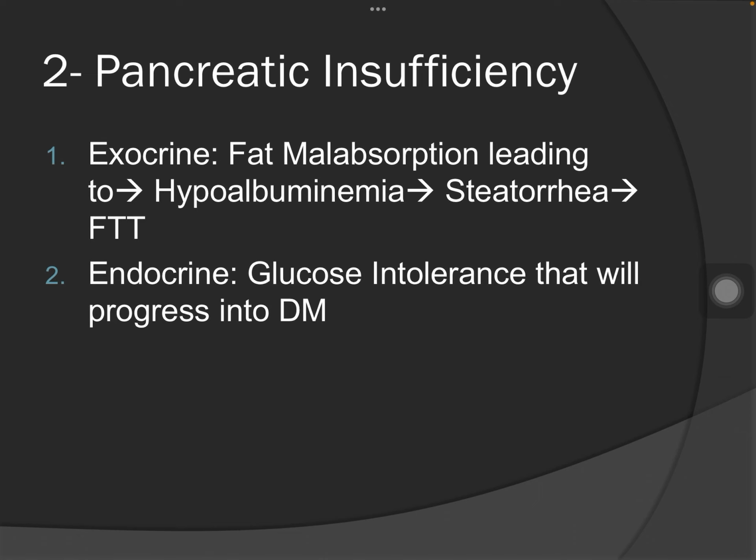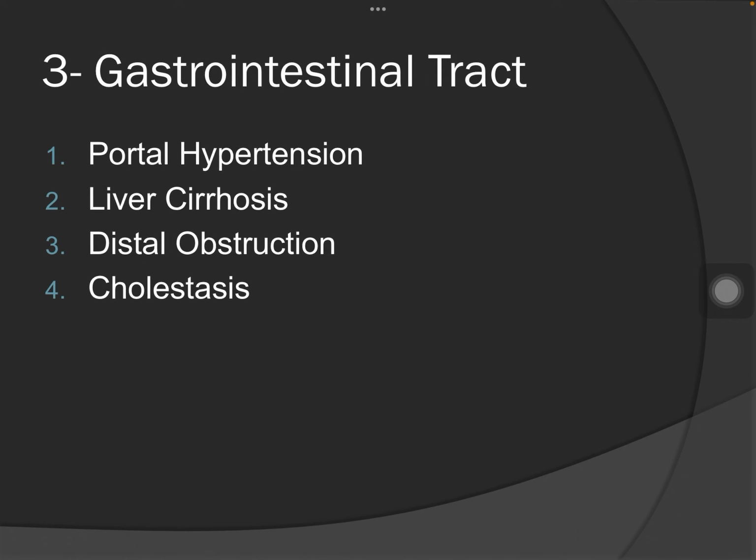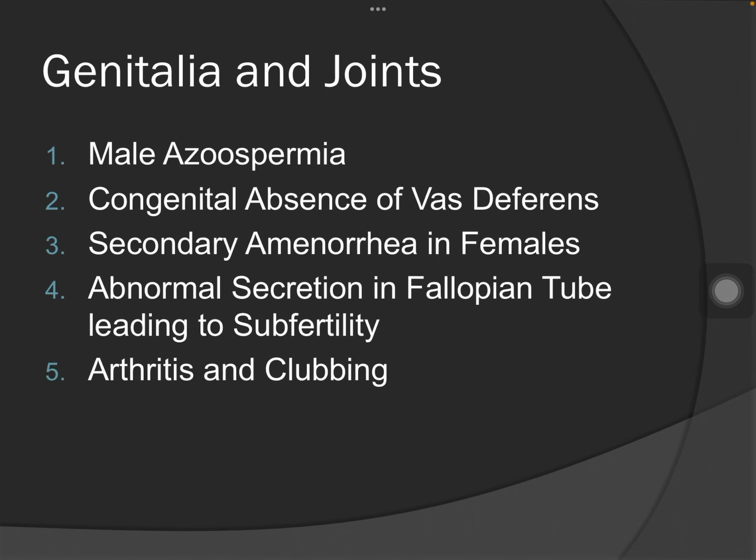As the endocrine gland of the pancreas, it will lead to glucose intolerance that will progress into diabetes mellitus. Now, for the gastrointestinal tract, these are later presentations, but it will present as portal hypertension, liver cirrhosis, distal obstruction, and cholestasis.